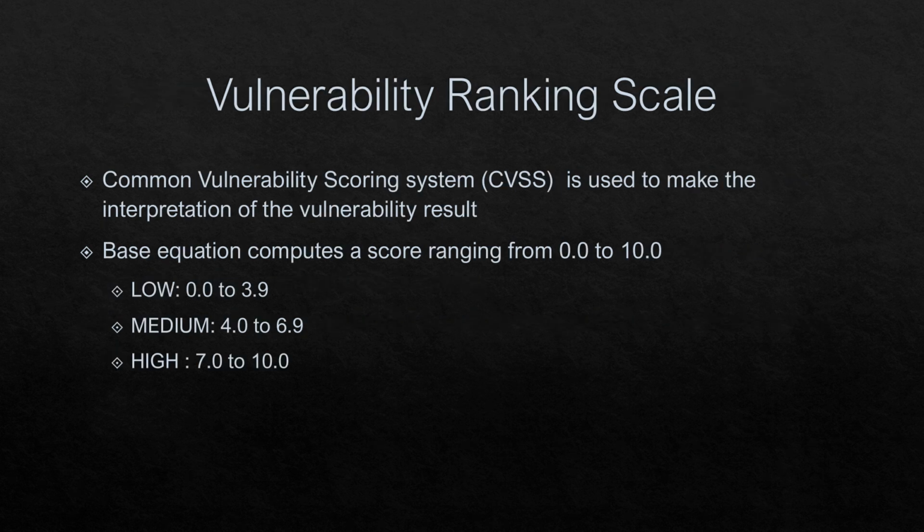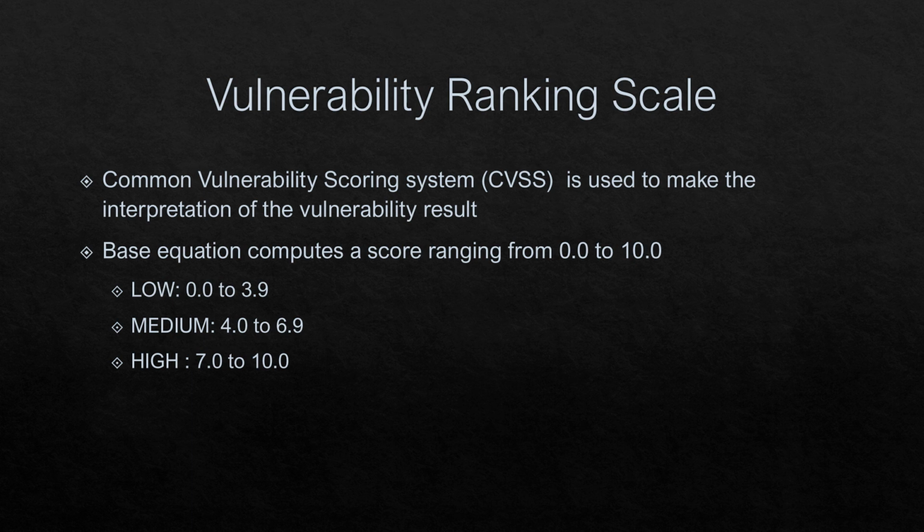So for the vulnerability ranking, what is used to help is the Common Vulnerability Scoring System. This particular score is created to make it easier for organizations to understand it, making it as basic as possible, for them to understand when the risk is low, medium, high, or critical.